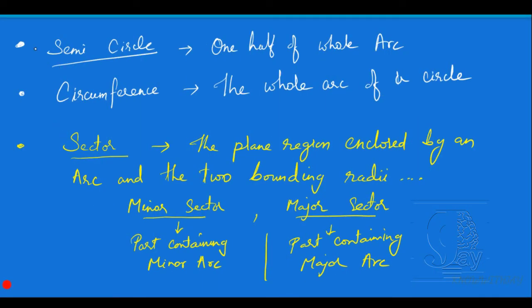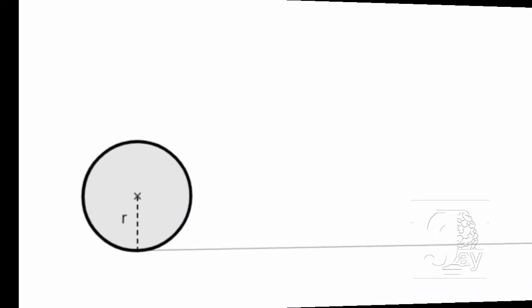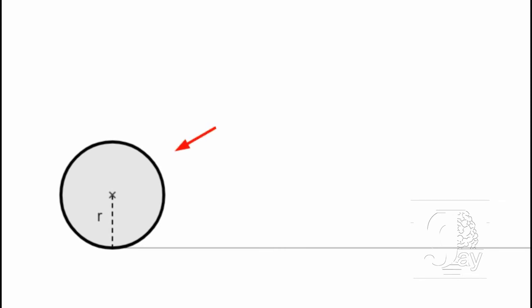We have already seen semicircle, that's 1/2 of whole arc of a circle. Then circumference, it means the whole arc of the circle, the complete length of the arc of a circle. The circumference is the whole arc of the circle, shown in dark black here.